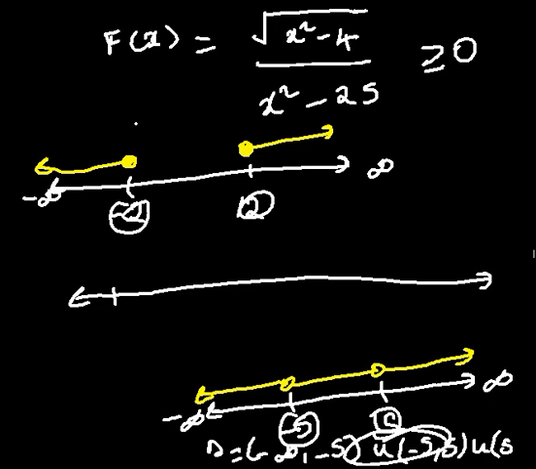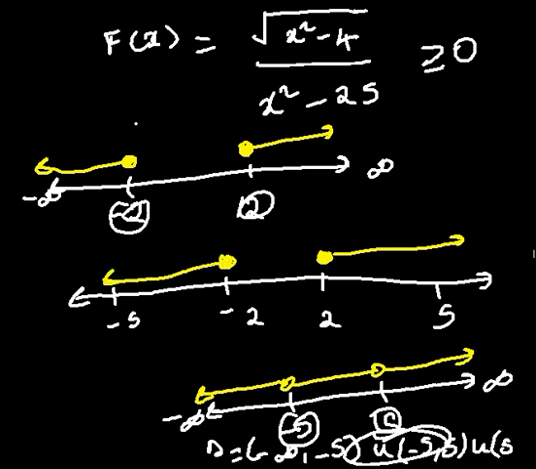So we start with negative 5 here, then negative 2, then 2, and positive 5 here. Now we have the first intervals. Let's start from 2, part of the interval, to the positive direction, and from negative 2, part of the interval, to the negative direction.